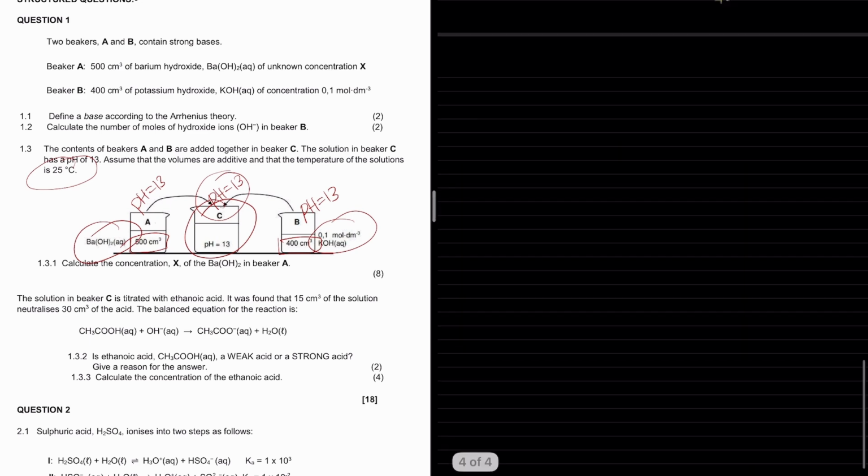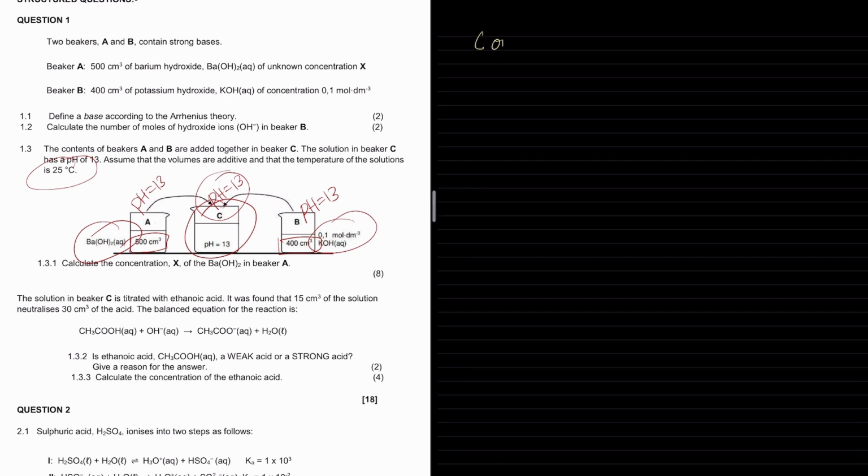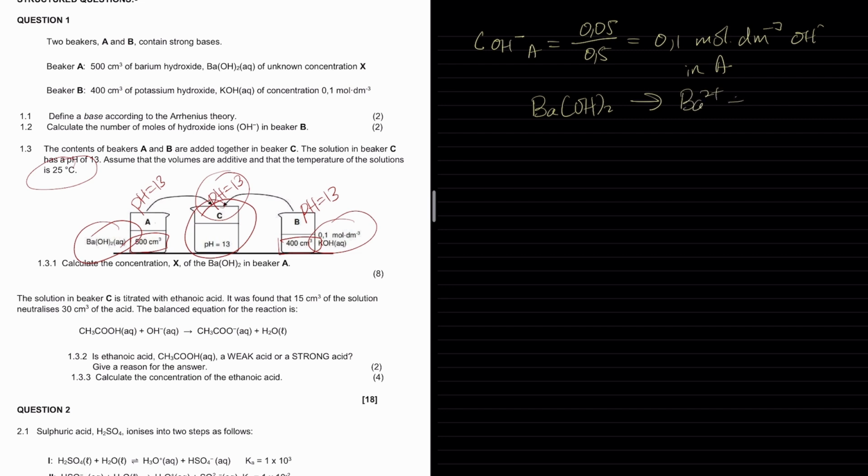Now from here, we can calculate the concentration of the OH- in A. That's the number of moles, which we worked out as 0.05, divided by the volume, which is 0.5, and that is 0.1 moles per dm cubed of OH- in A. Then you go to the reaction, the Ba(OH)2, and that breaks up into Ba2+ and 2OH-. And then from here, it should be familiar. If that's 0.1, this must be 0.05.